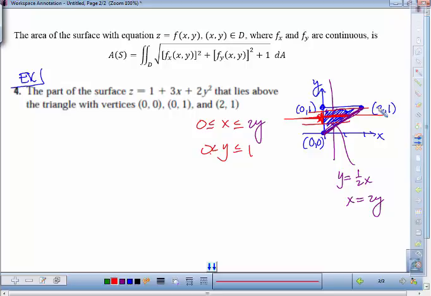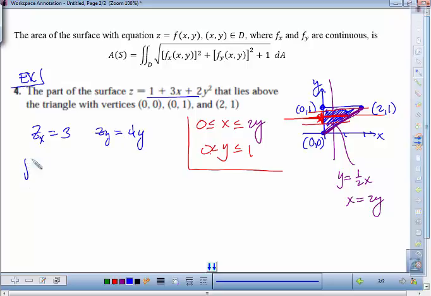All right, now let's deal with the integrand. The integrand is going to be some derivatives. So z sub x, the derivative with respect to x, is 3. z sub y, the derivative with respect to y, is 4y to the first power.